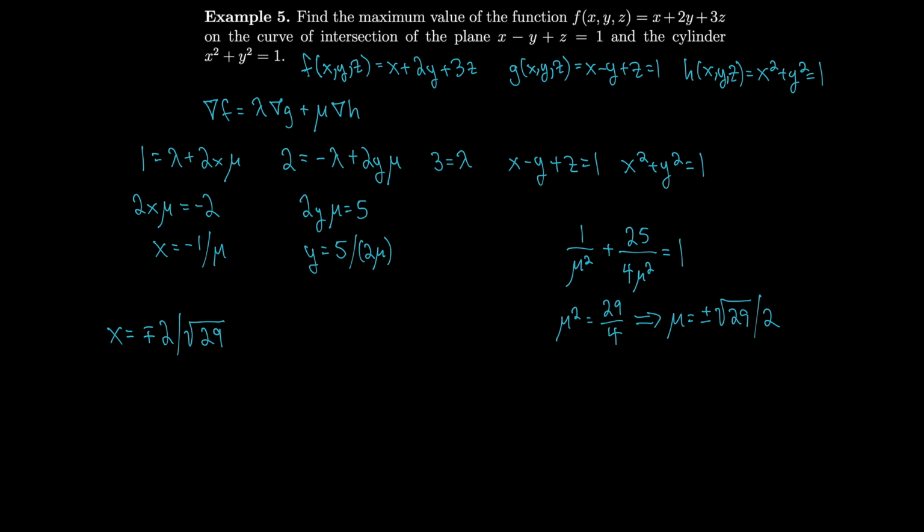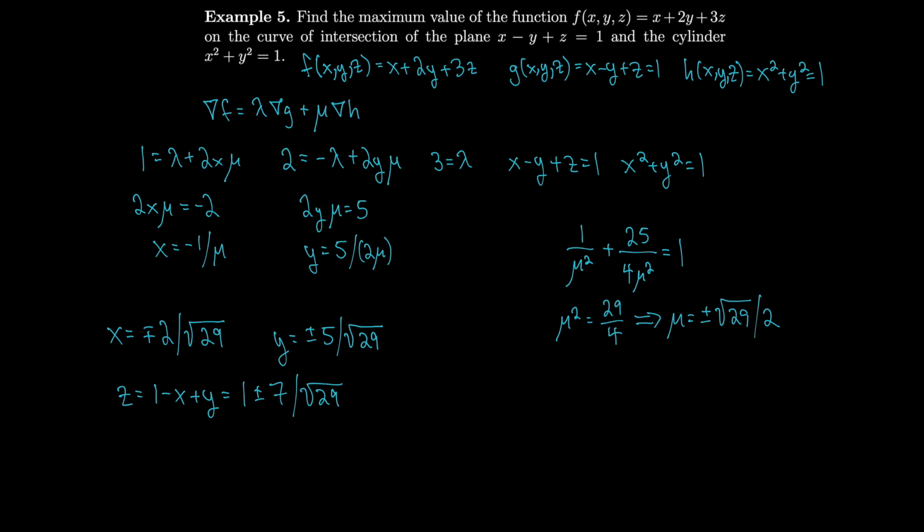And then y is the same sign, there's no minus in there, so y is just plus or minus 5 over square root of 29. Okay, now I can get z because I know x minus y plus z equals 1, so z must be 1 minus x plus y, which is 1 plus or minus 7 over rad 29.